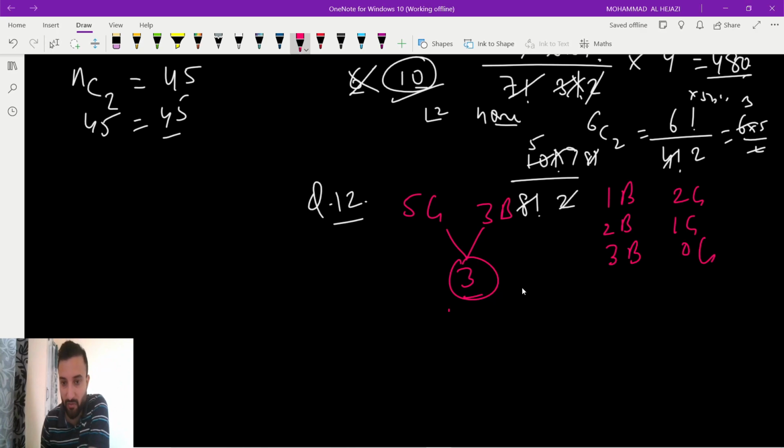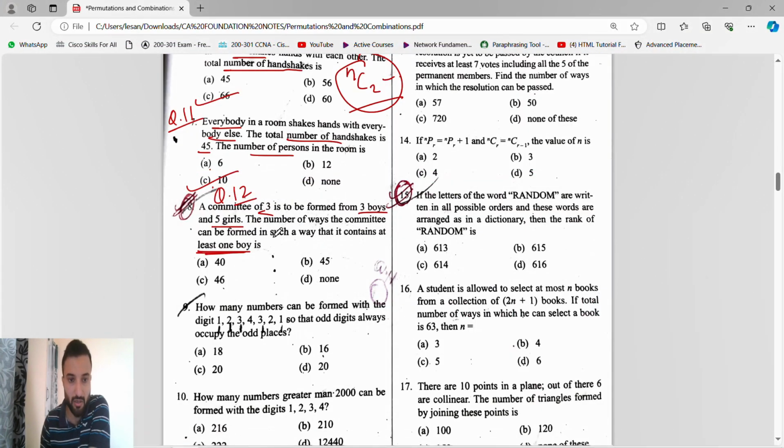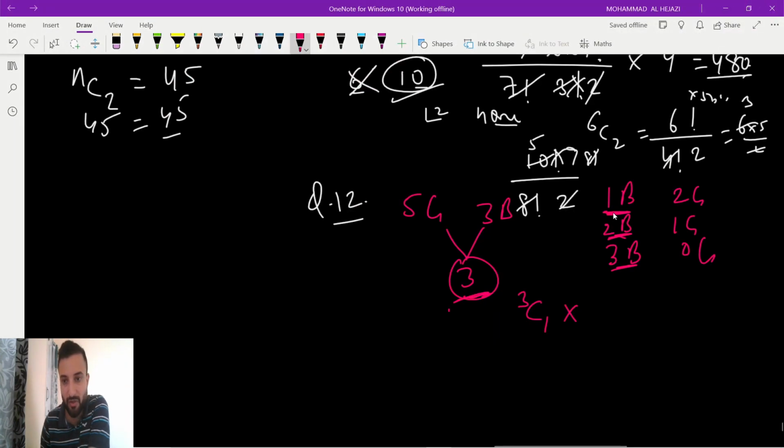See, at least one boy, so one boy, two boys, three boys; they have given the condition only for boys, they don't have any condition for the girls. So we have to make three members.